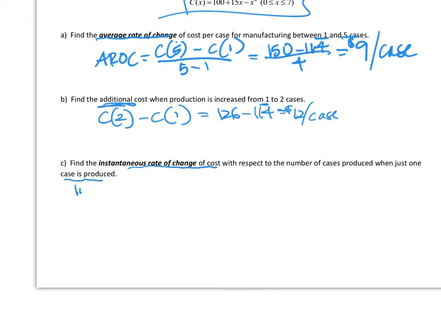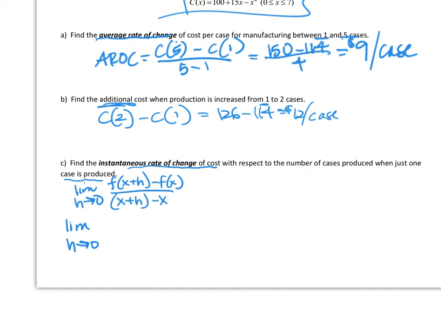So when we're doing this, we are using the definition of instantaneous rate of change: f(x plus h) minus f(x). So we would get the limit as h heads to 0.